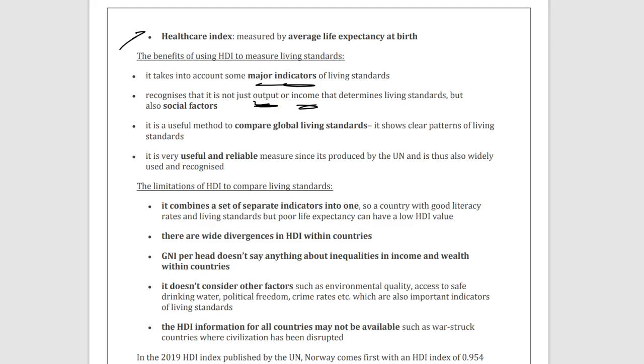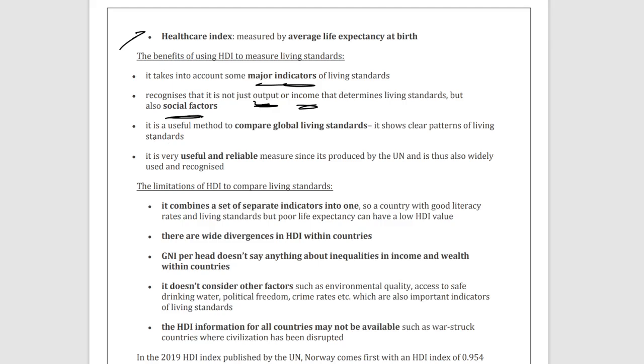It can be that you've got money from your inheritance or from your family, but does that mean your living standards have increased? No. So that's the good thing about HDI. It looks at the social factors. It looks at the major indicators. It also looks at the income determinants, and also looks at the social factors, which is really good.